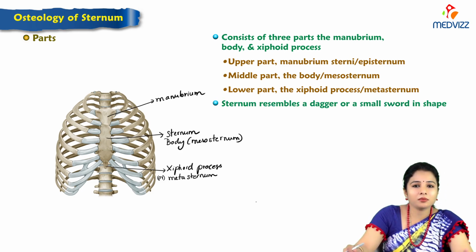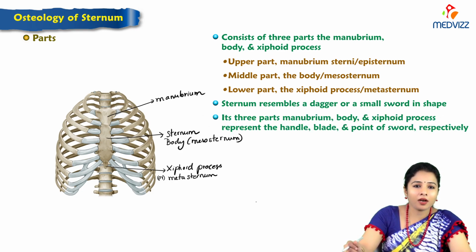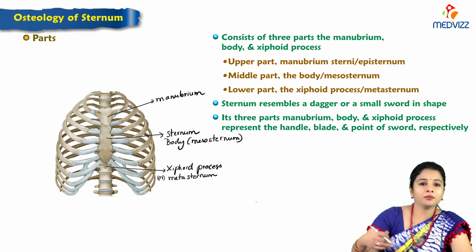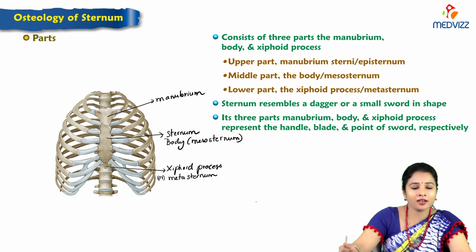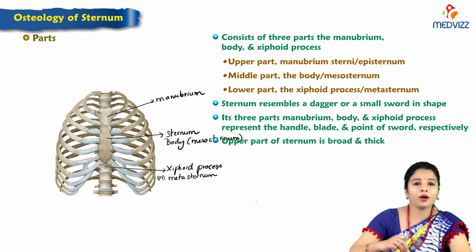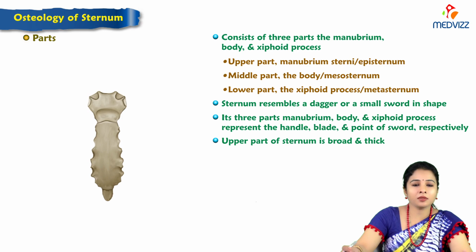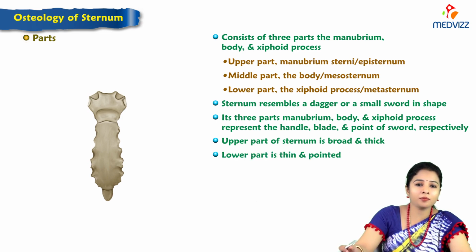The sternum resembles a dagger or a small sword in shape. Its 3 parts, that is the manubrium, body and Xiphoid process, represent the parts of the sword. So manubrium represents the handle, the body the blade, and the point of the sword is formed by the Xiphoid process. The upper wider part of the sternum is broad and thick, whereas its lower part is thin and pointed.